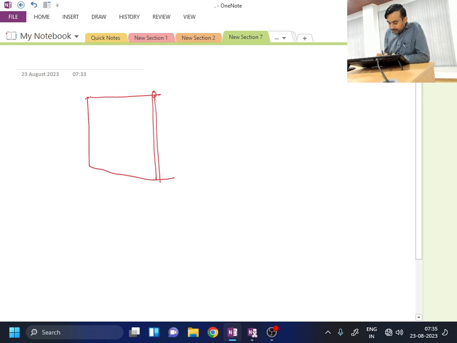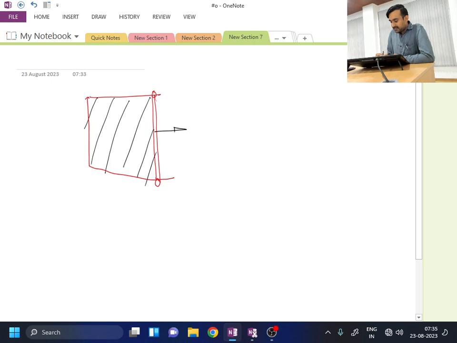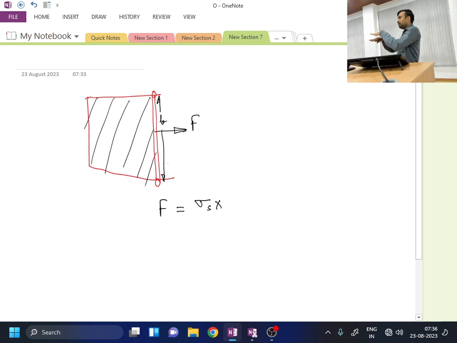We saw that if we suspend a soap film over here, then in order to maintain this rod at a stationary position, we have to supply a certain amount of force, and that force is equal to sigma surface times, if B is the width of this rod, then a soap film surface will have two interfaces, one at the top and one at the bottom. So that's why sigma s into 2b.